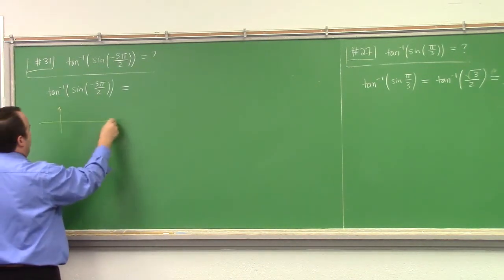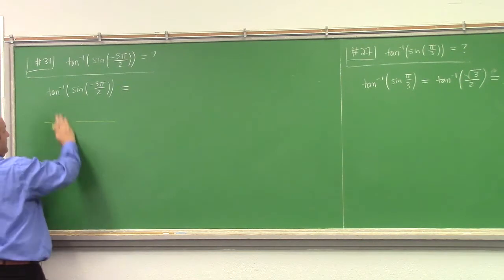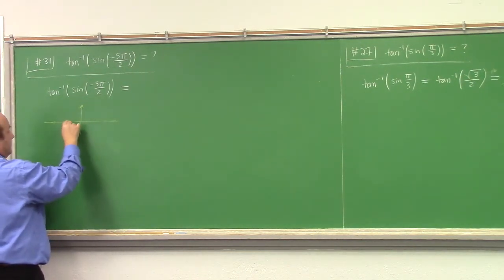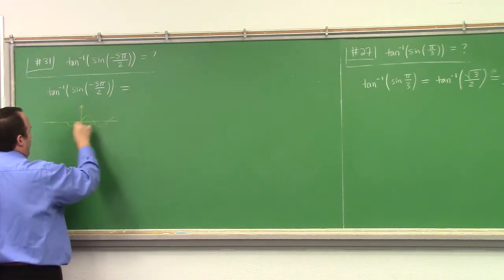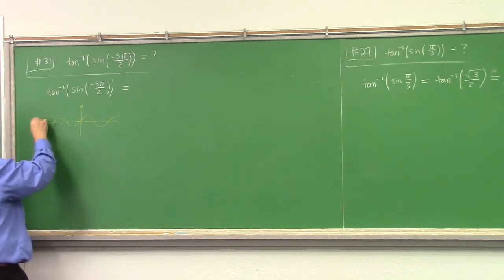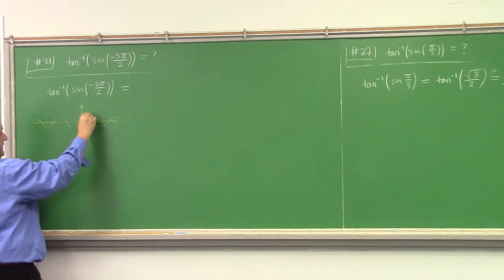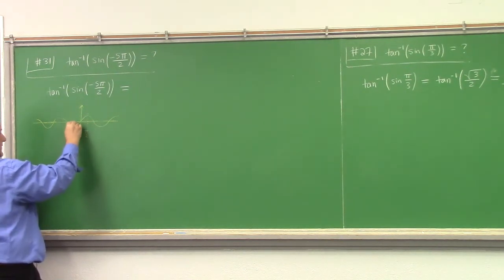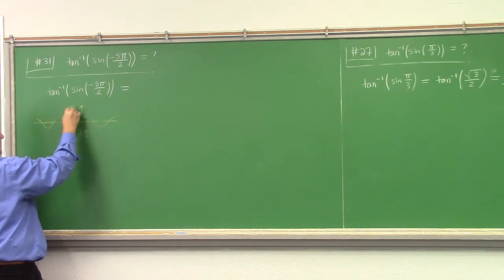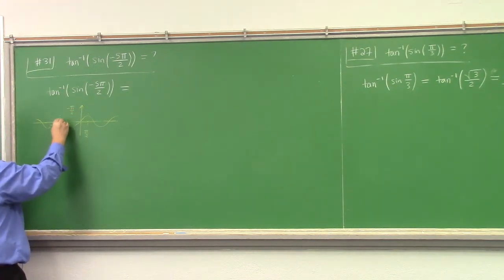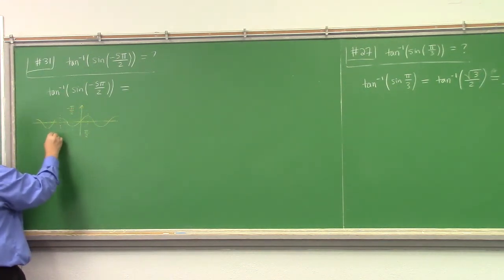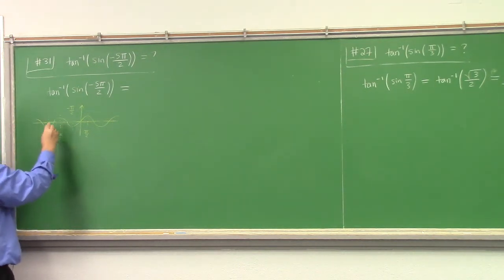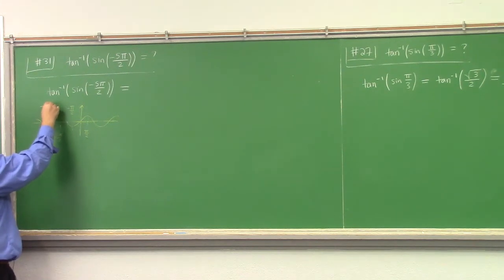Remember what the sine looks like? This is pi over 2, this is minus pi over 2, this is minus 3 pi over 2, and this is minus 5 pi over 2.